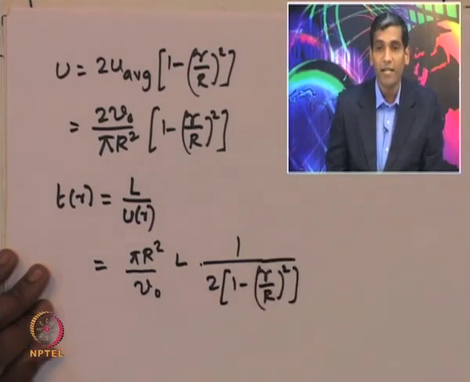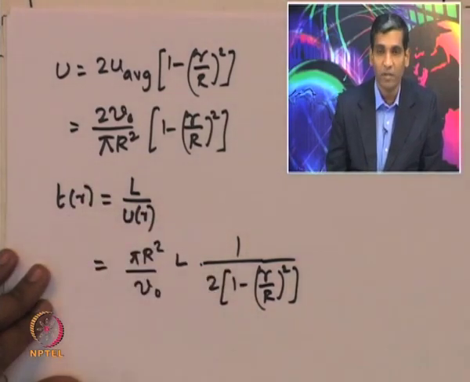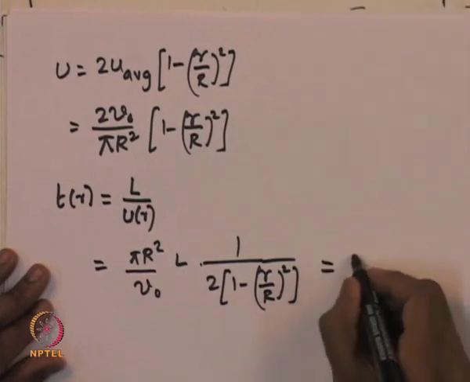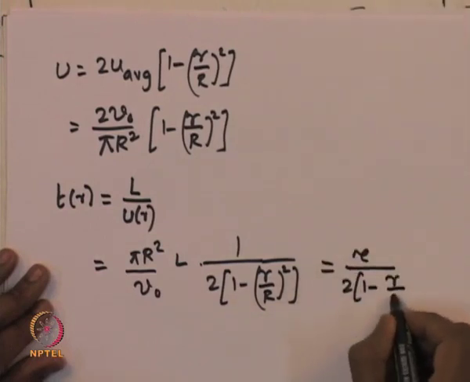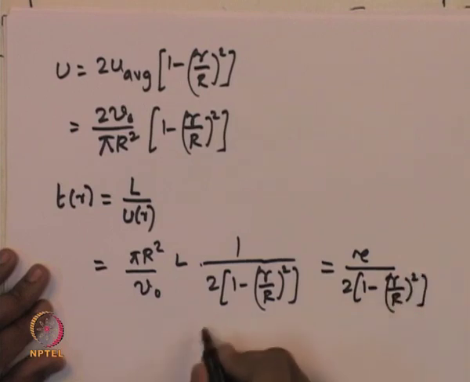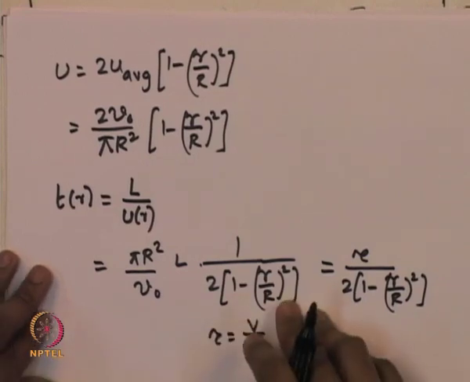So, that is the time taken by different fluid elements entering the reactor at any r location. That is equal to tau divided by 2 into 1 minus r by R the whole square, where tau is the space time of the reactor, which is given by V divided by V naught.